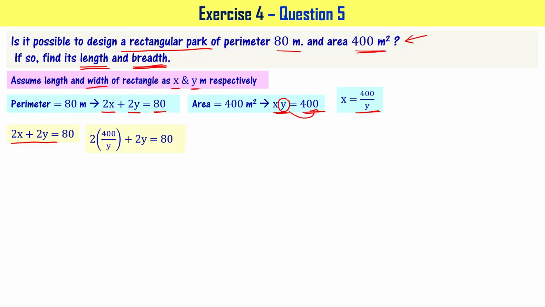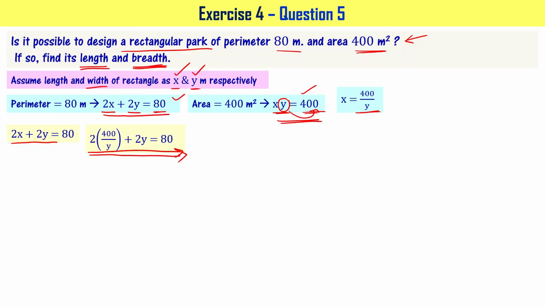We assumed two different variables, but we are converting that into an equation containing only one variable because we have two such equations, right? You have one equation 2x plus 2y equal to 80, another equation xy equal to 400. Using these two equations, we were in a position to write an equation which has got only one variable, right?